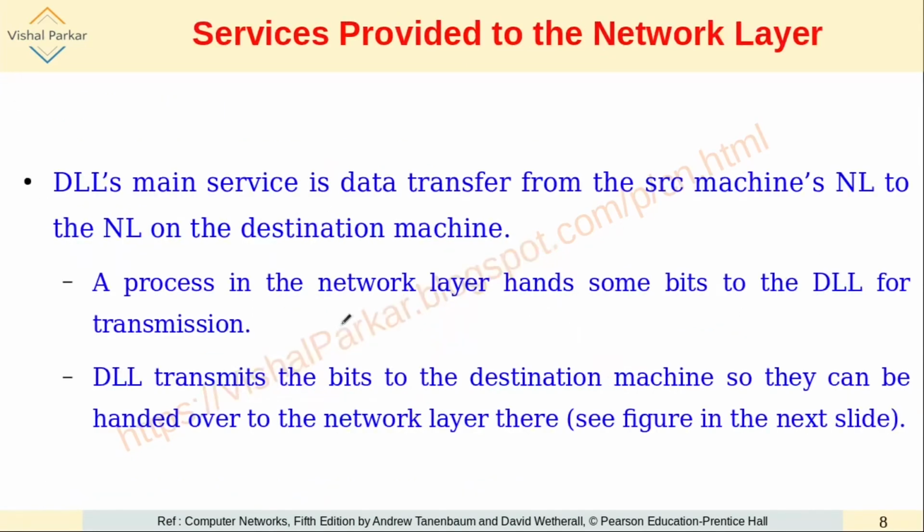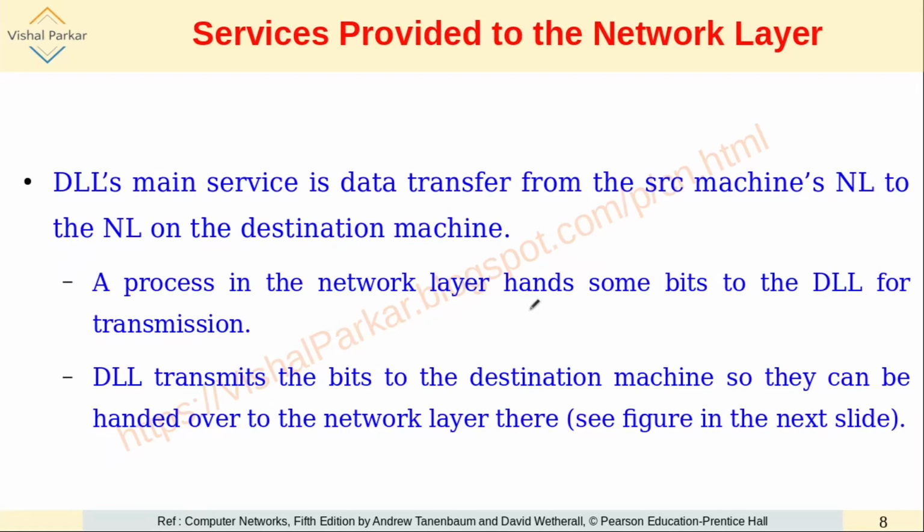Now the data link layer's main service is data transfer from the source machine's network layer to the network layer on the destination machine, as we have just seen in the previous diagram. For this, there is a process in the network layer of the source machine that hands some bits to the data link layer for transmission.